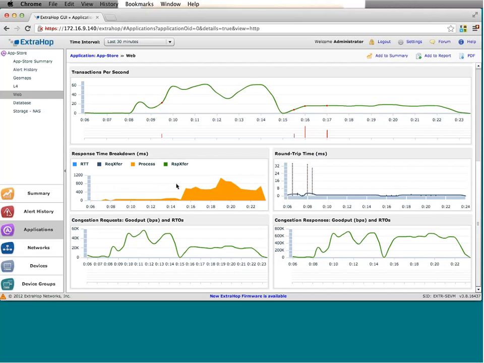So for example, this graph with sort of the orange blob starting at 015 is comparing processing time against network time. Now, if I were having a network issue, I'd see a lot of green, a lot of dark blue and light blue on this graph. But at a glance, I can tell that at 015, my web server farm started slowing down. And I can understand why that is.